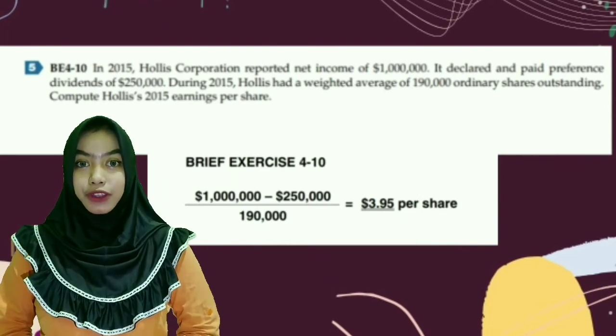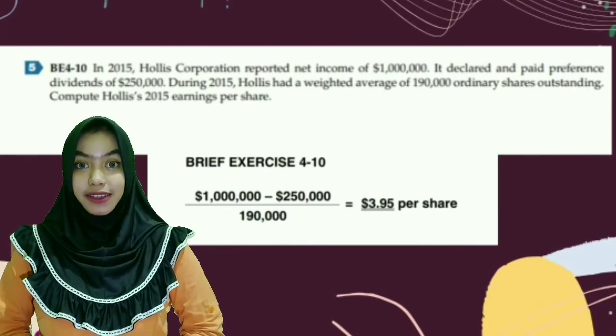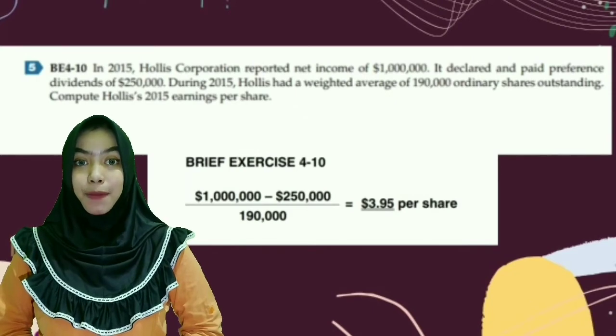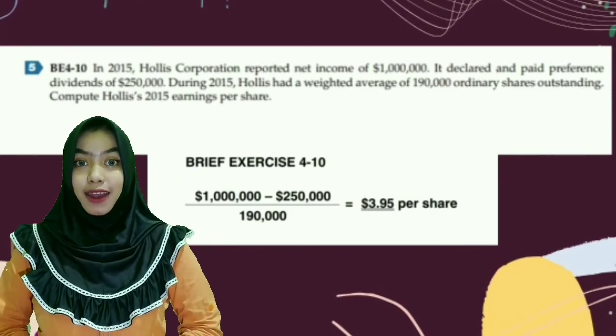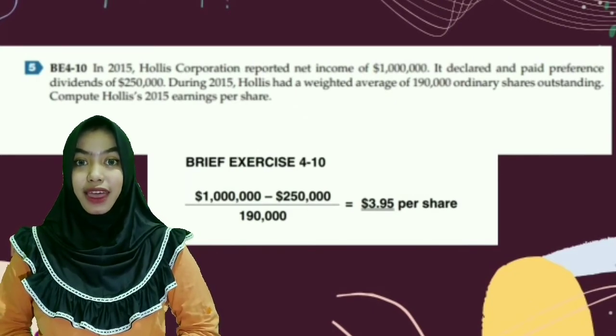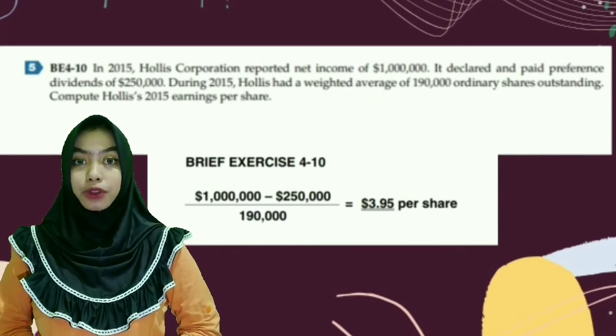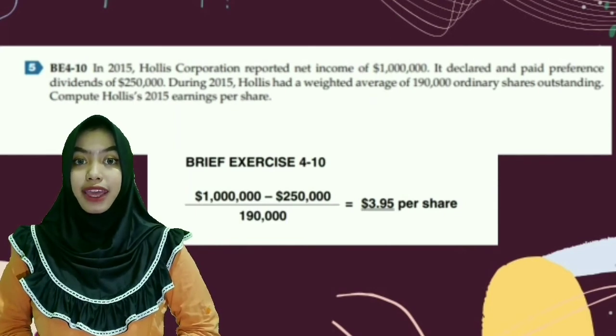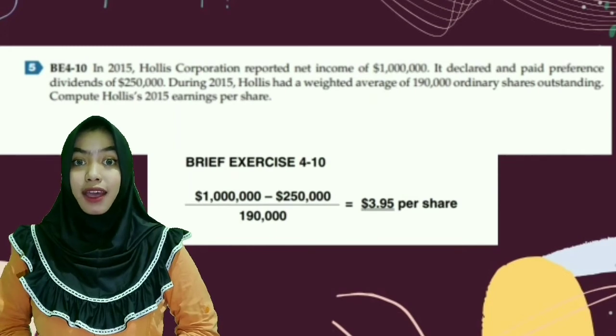So here I am going to discuss the brief exercise. You can see the problem beside me. Now, in this question, they ask how much Compute Holdings' earnings per share were in 2015.